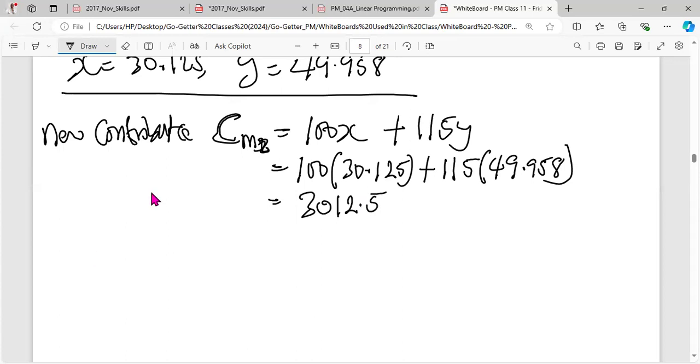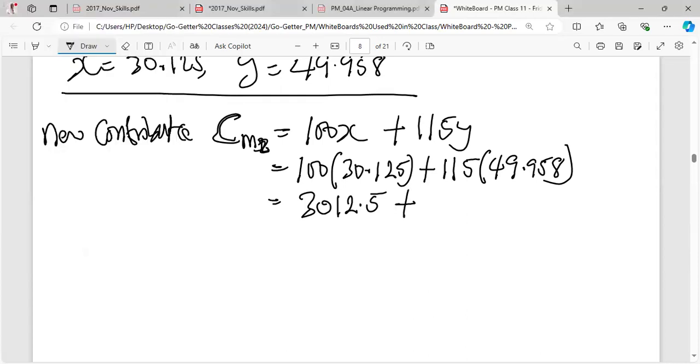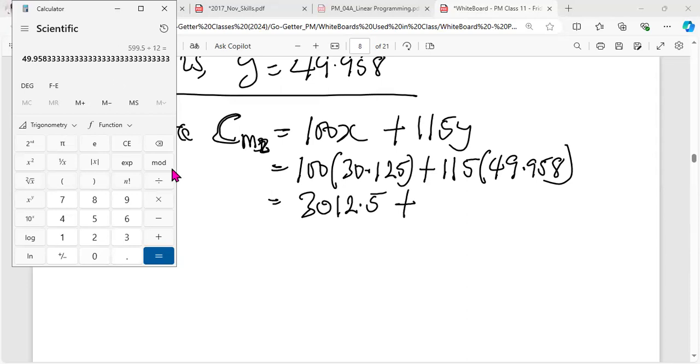100 multiplied by 30.125, 3012.5 plus, let's test the other one. I have this in my calculator already, multiplied by 115. That will give me, I'll make it to one decimal place too, 5745.2.